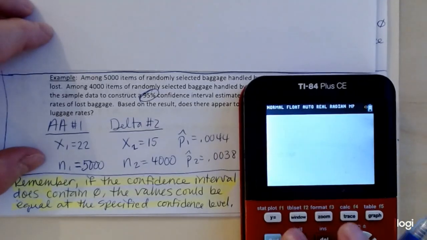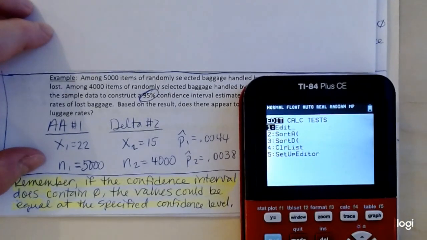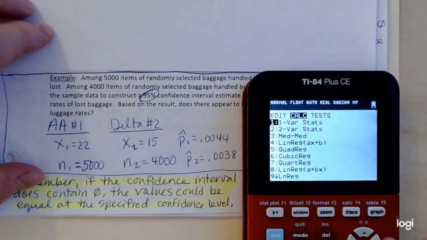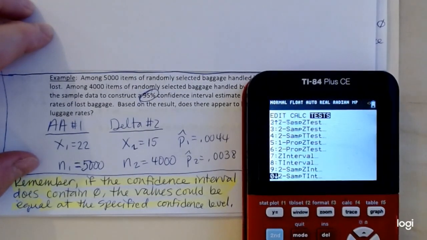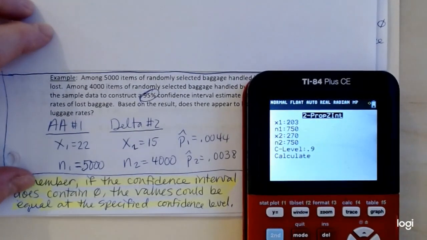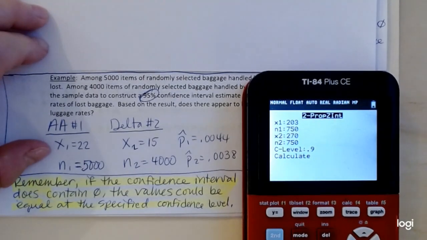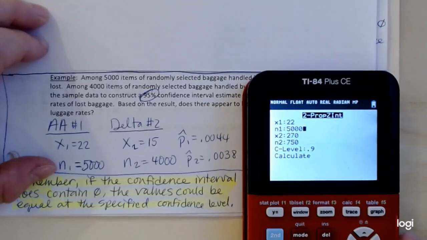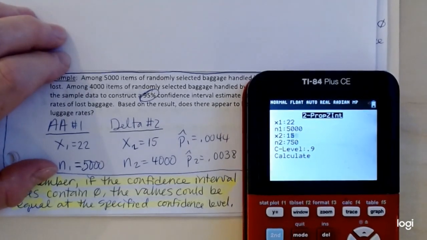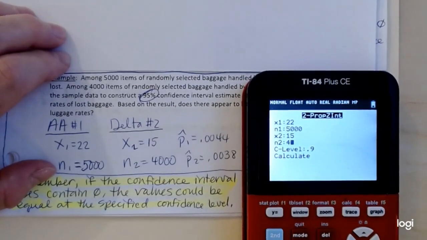So we're going to go back to that test and put the numbers in for this one. So we're way down here at B. X1 is 22 out of 5,000. X2 is 15 out of 4,000.